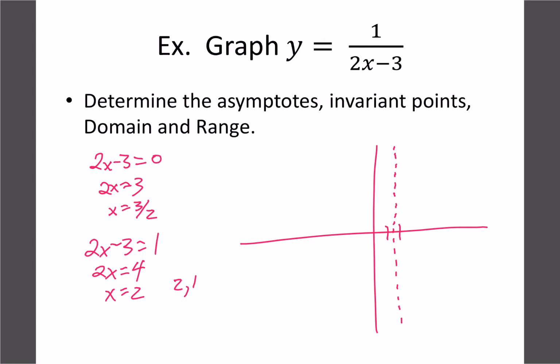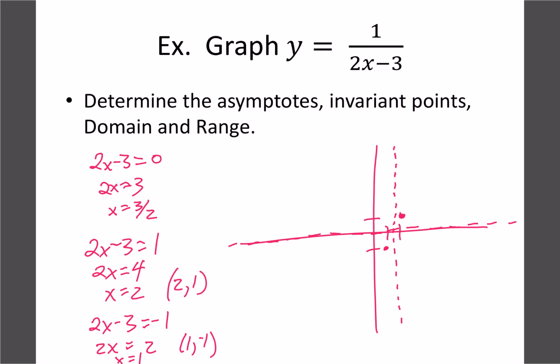So that means we have 2, 1 as our first invariant point. Make it equal to -1. So in that case we get 2x equals 2. So that means we get 1, -1 is our other invariant point. We know our other dotted line would be right along the x-axis, and that's good enough.